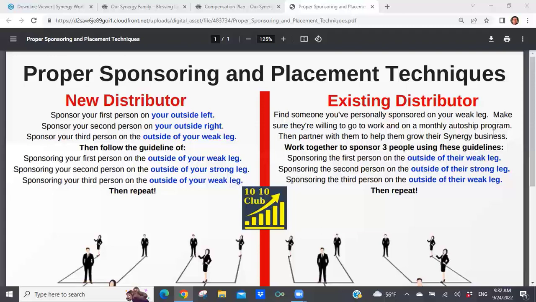And I thought of one other subject as well, Dan, with regard to the new Synergy Worldwide website. I think a little training on that would be helpful as well. Yeah, Bob, I thought about that, but I've been waiting for them to finally finish the new website before we do a training on it.